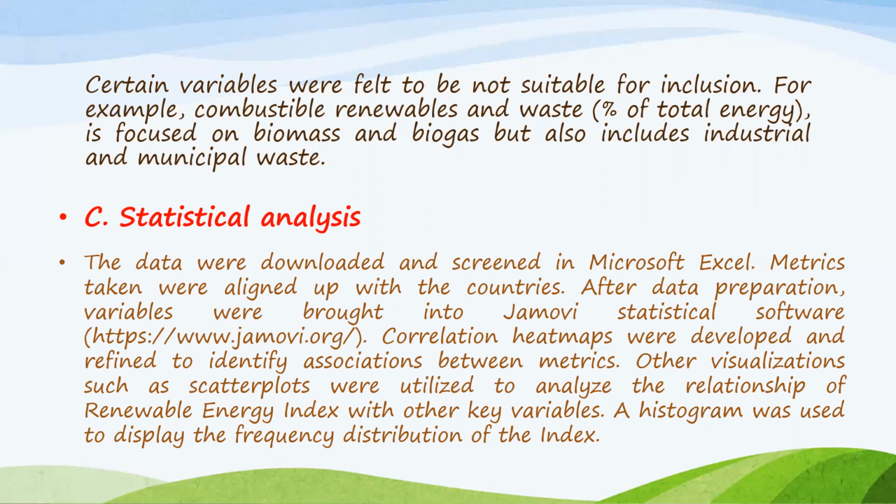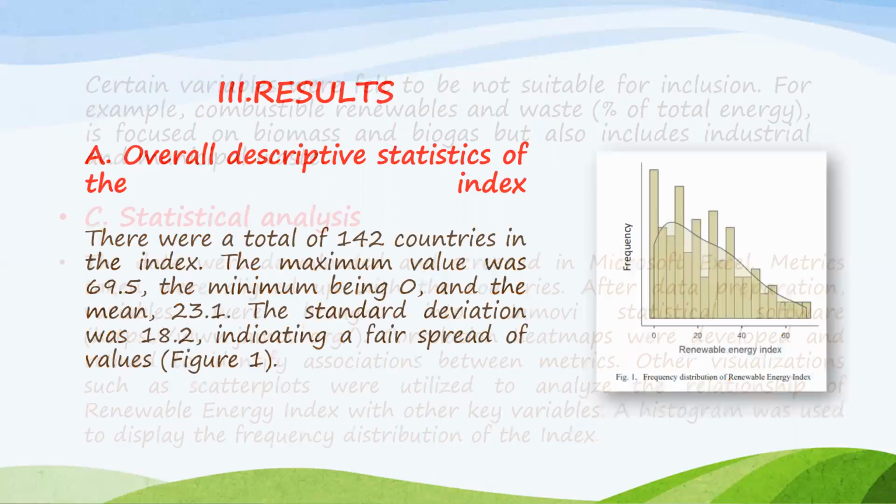Correlation heat maps were developed and refined to identify associations between the metrics. Other visualizations, such as scatter plots, were utilized to analyze the relationship of the renewable energy index with other key variables. A histogram was also used to display the frequency distribution of the index.